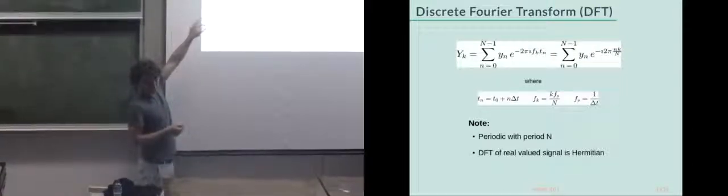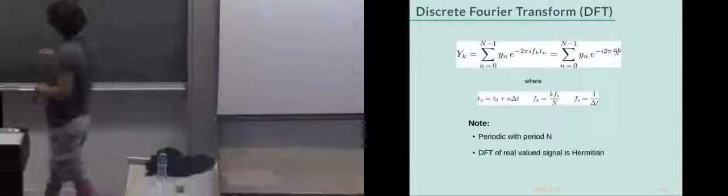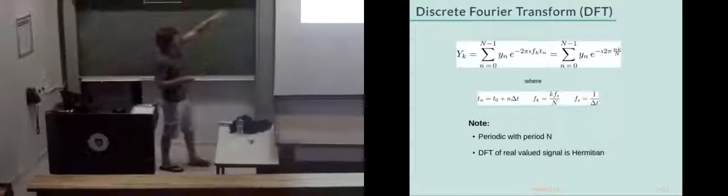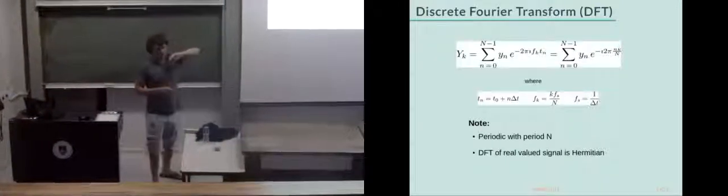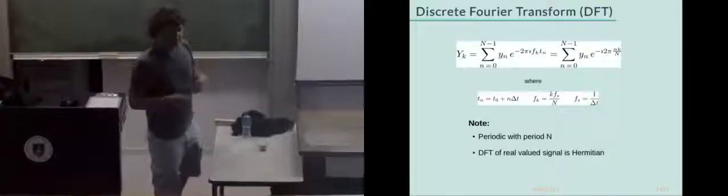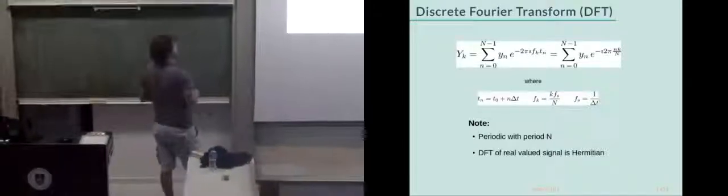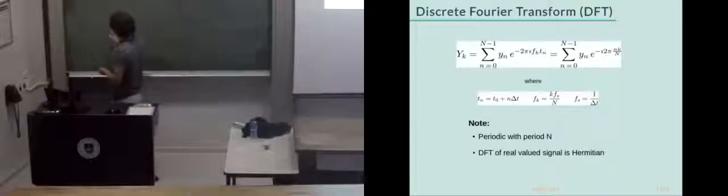The variable is k, right? So this is a function of k. If you're going to do the inverse DFT, like I'll show you now, it's going to be a function of n.